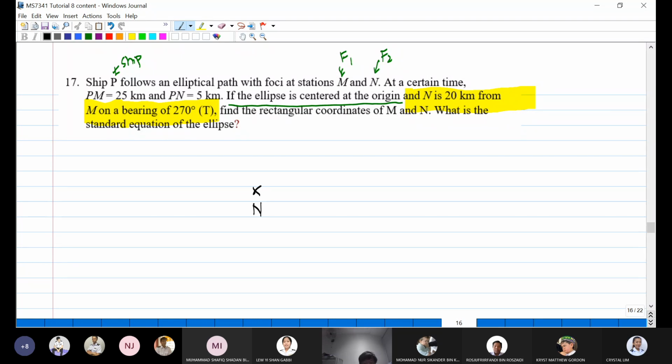First of all, you have to decide what is the shape. Is the ellipse horizontal or vertical? How do you know?